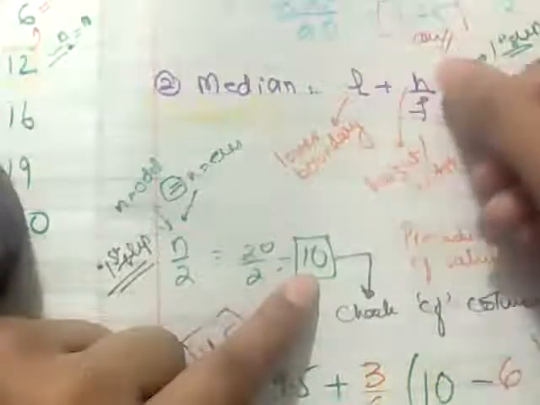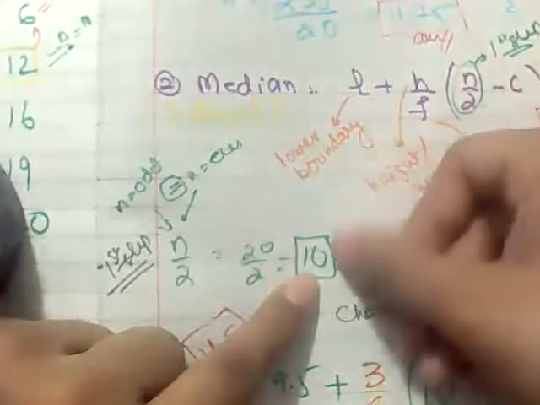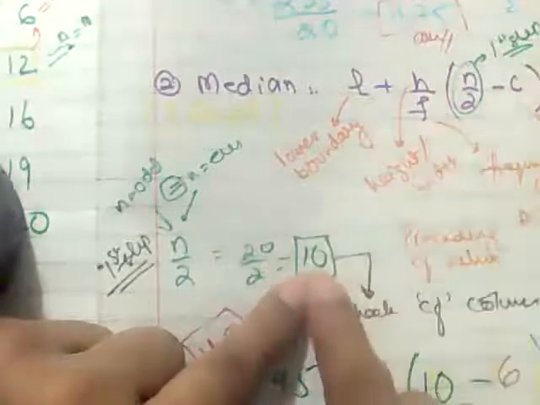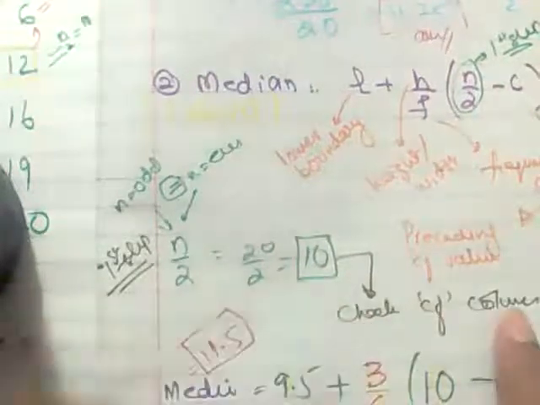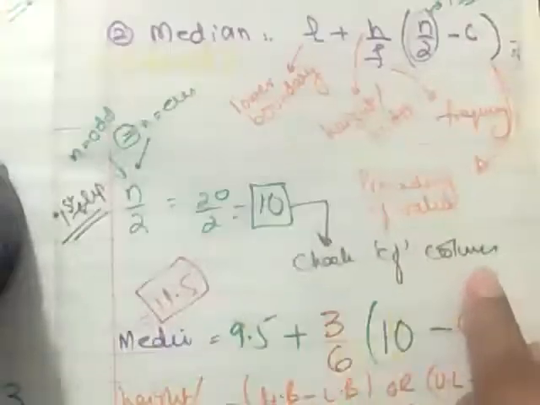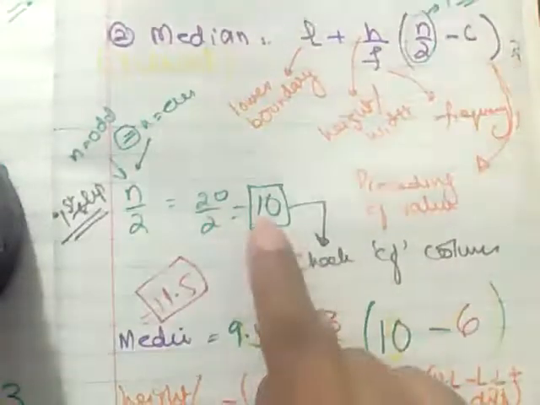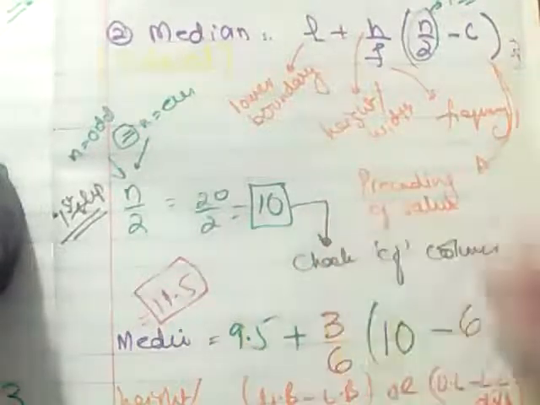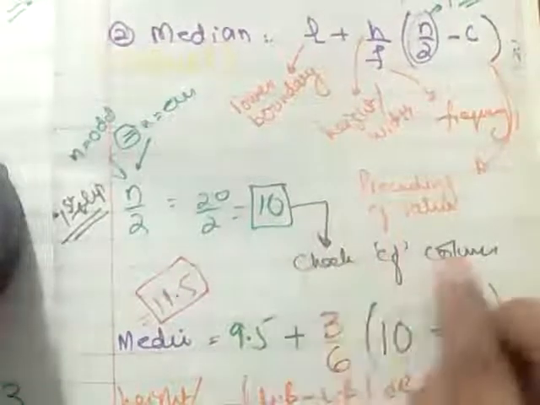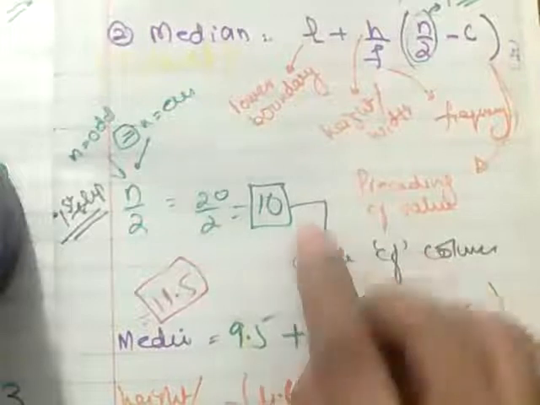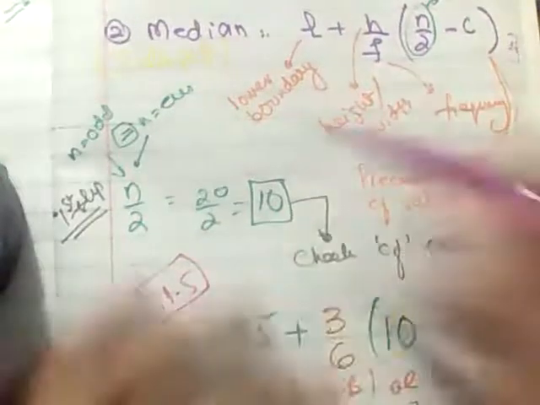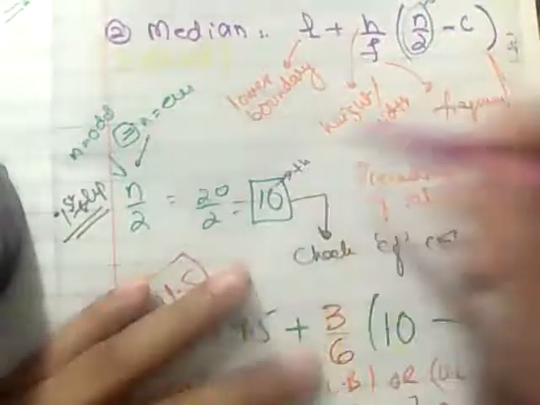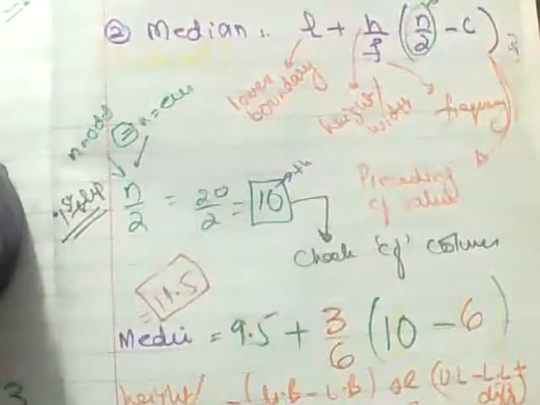And to get the other L, H, F, C, we have to check this value in which column? CF column. Whether it is 10, 10.5, 17, 17.5, whatever, you have to check that in the CF column. Let's check this 10th value in the CF column.